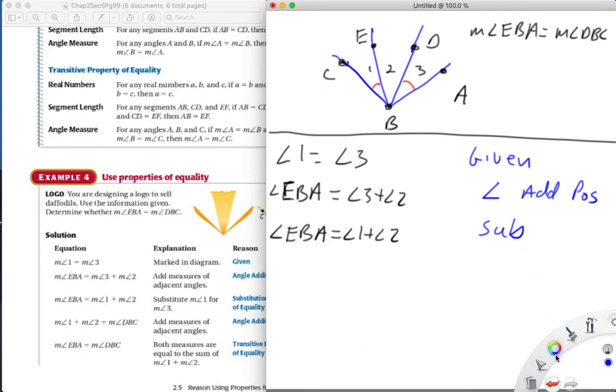I can also say that angle DBC is equal to angle 1 plus angle 2. Again, we know that through the angle addition postulate.